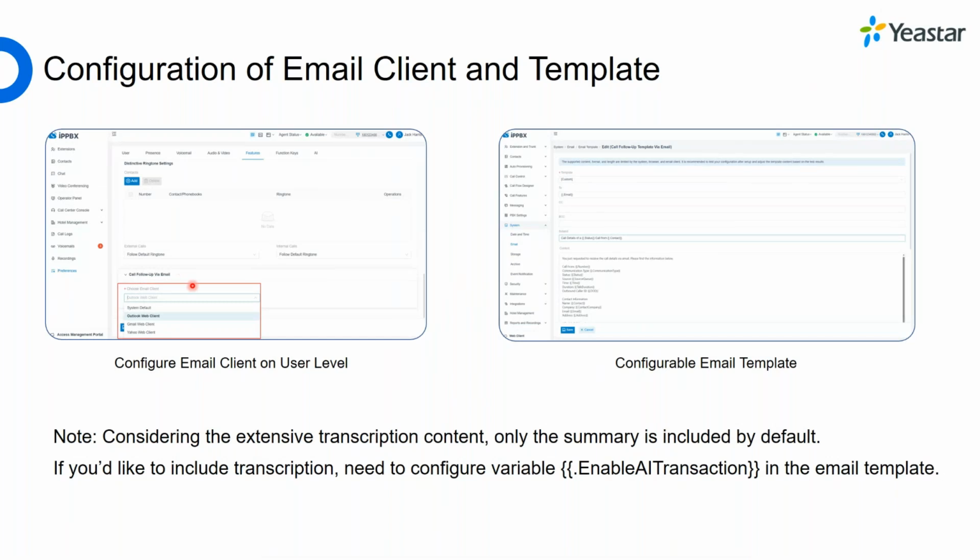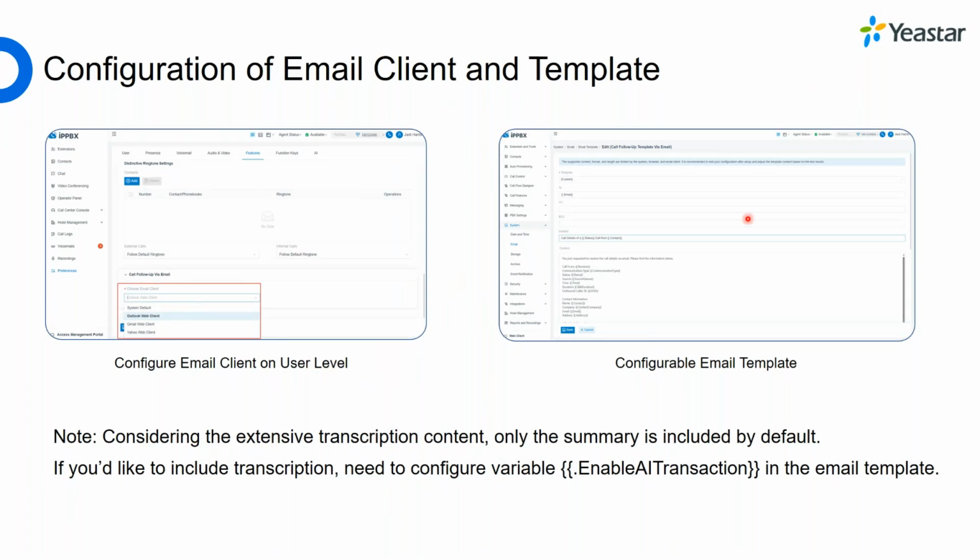Next, you can see this option. Every user or the administrator can configure the email client at the user level. For example, I'm using Outlook, so I can enable this web client. And if you are using a desktop client like Outlook, you can select system default.